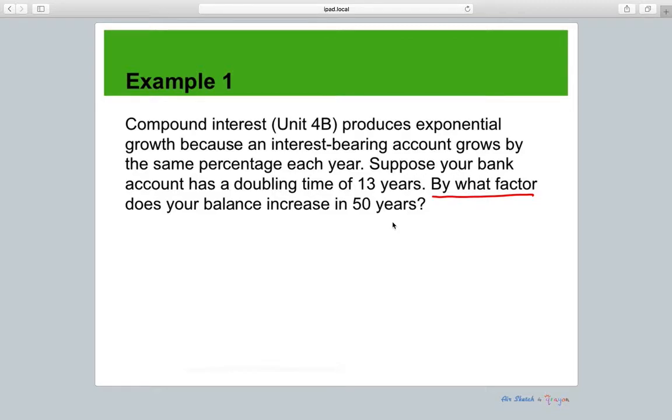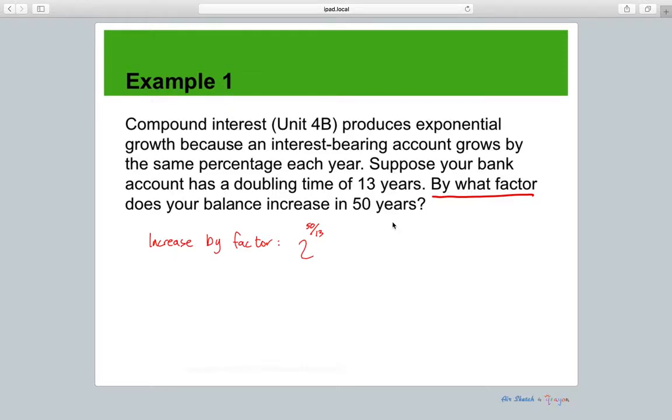So it will increase by a factor of 2 to the lowercase t. In this case, that's 50. That's the amount of time we're talking about, over T double, which is 13. That's our doubling time.